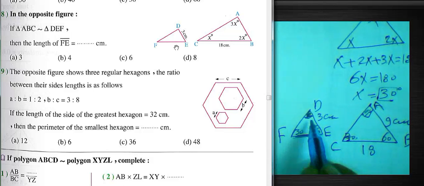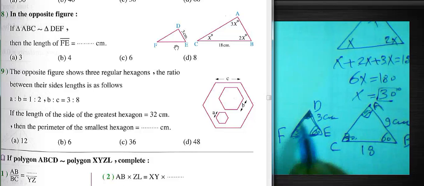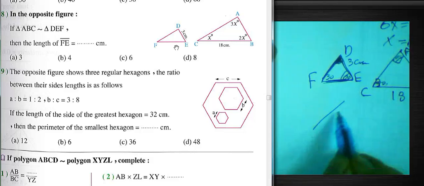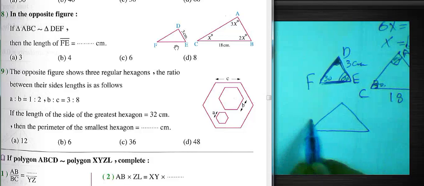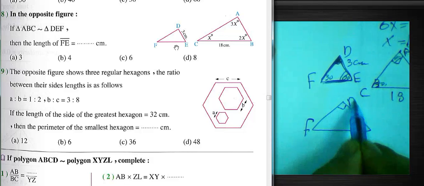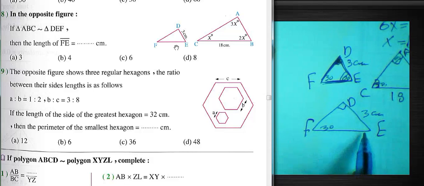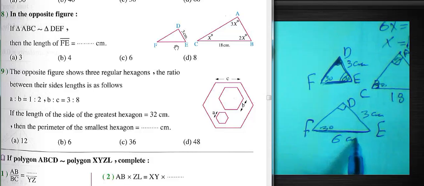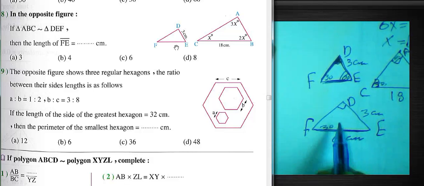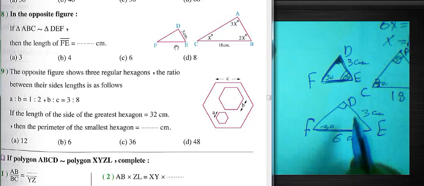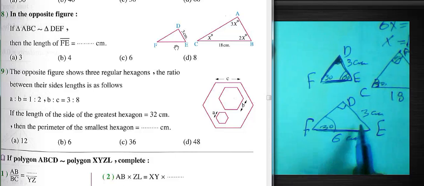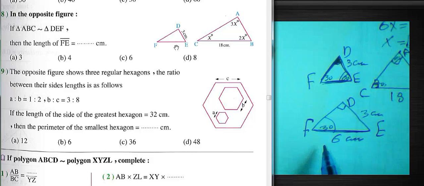So this is a right angle triangle. I will draw it again to be clear. This side is 3 centimeters opposite the 30 degree angle, so this length will be 6 centimeters, because it's the hypotenuse of this triangle. The side opposite the 30 degree angle is half the hypotenuse, so the length of hypotenuse FE equals 6 centimeters.